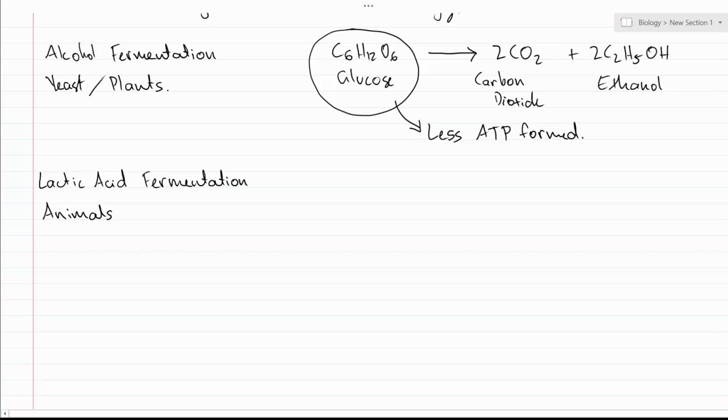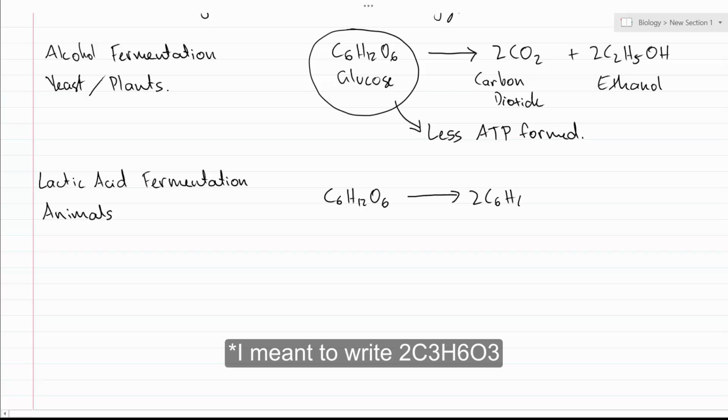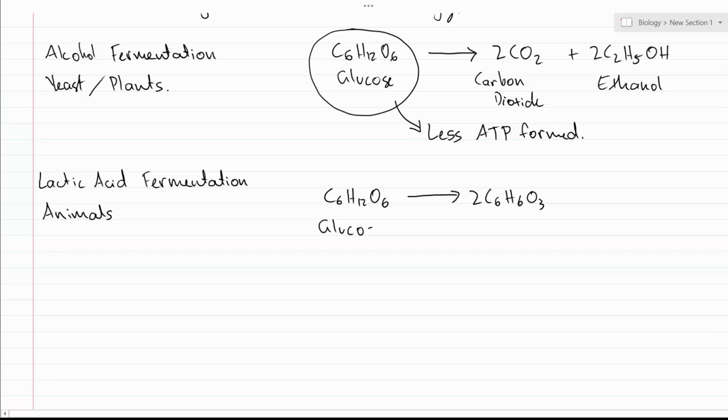So in lactic acid fermentation, we have a glucose molecule which will turn into 2C3H6O3. So no carbon dioxide produced here. We only get one thing produced, which is lactic acid.